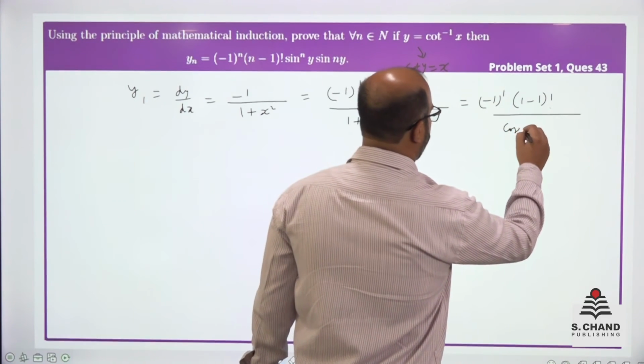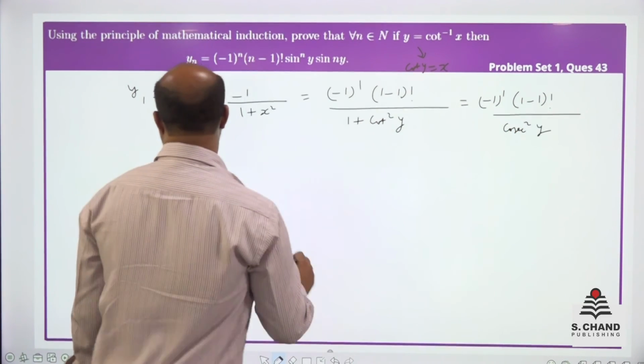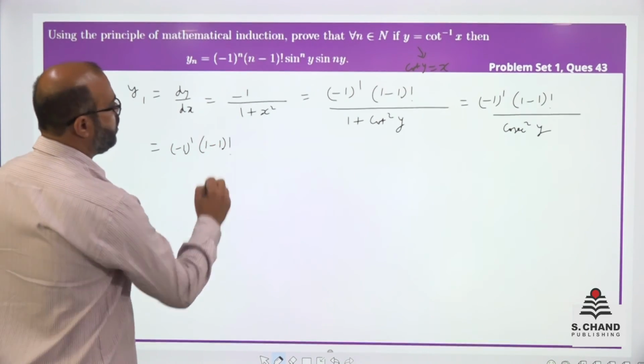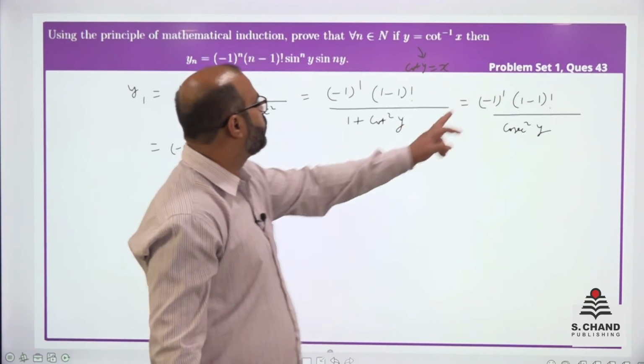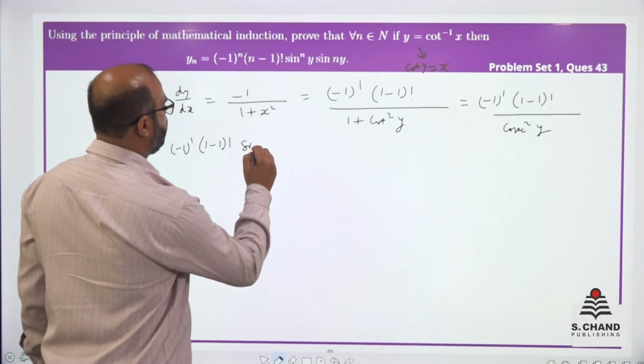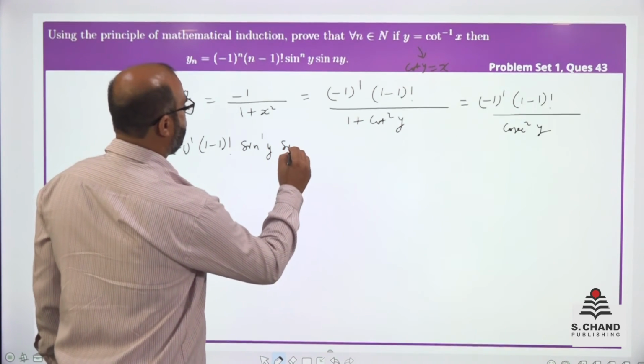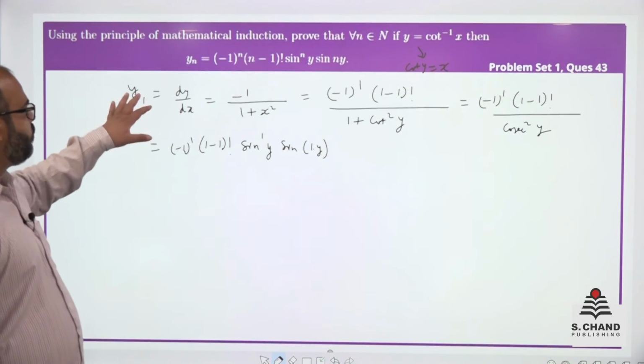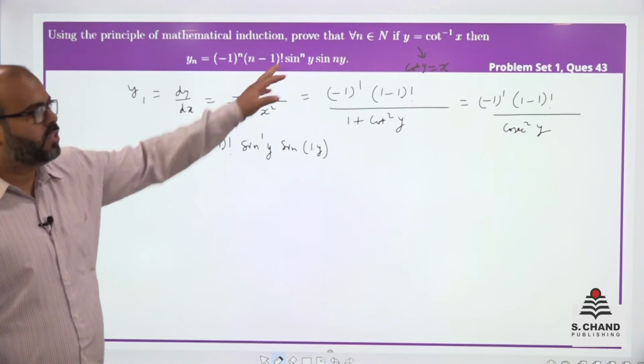In the next step, (−1)^1 (1−1)!, and 1 over cosec square y is sin square y. That can be written as sin^1 y sin 1y. So yes, for the first derivative, this expression is true.